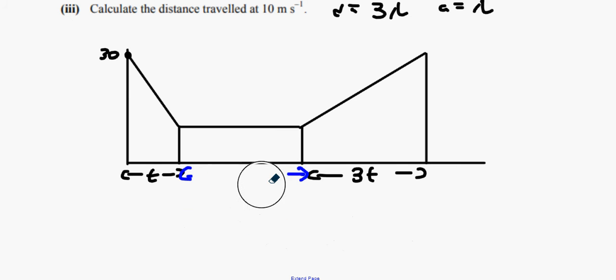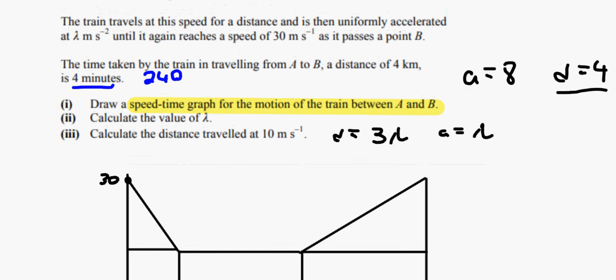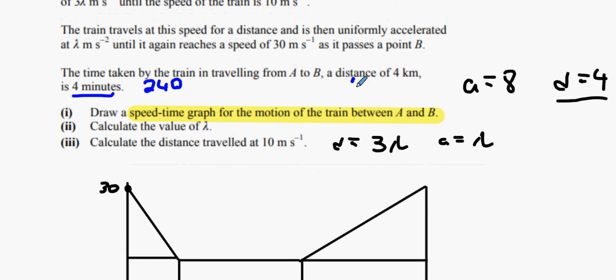Now, one of the easier parts is coming up next. 240 take away 4t. What do we know about the total distance of the question? 4 kilometers or 4,000 meters. No bother.